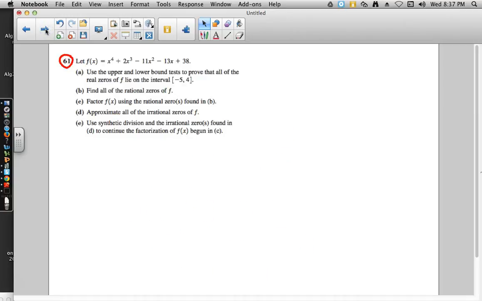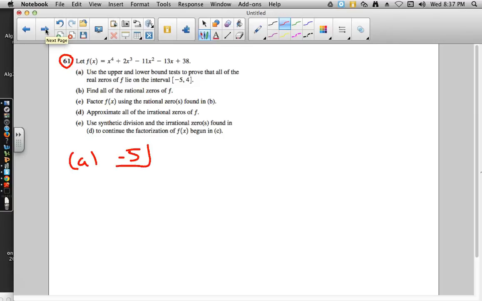Number 61, we are letting f of x equal that monstrous polynomial that we see up there. And it says use the upper bound and lower bound test to prove that all of the real zeros of f lie on the interval of -5, 4, which I know you can do now since I went ahead and did the one earlier, but I'll just go ahead and say, okay, -5, if that's the lower bound, and 4th, 3rd, 2nd, 1st, 0 power. It is in standard form. So grab those coefficients and do the synthetic.